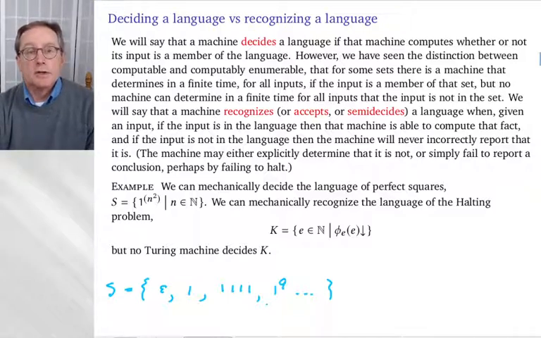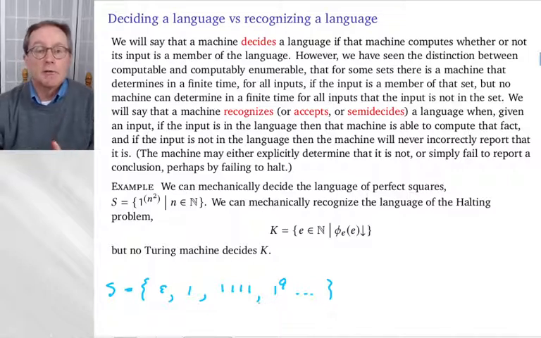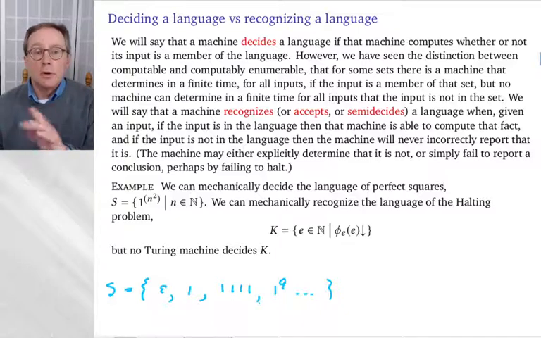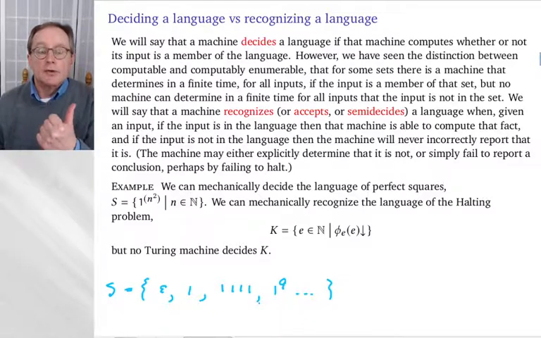Okay, so that's the difference between decides and recognizes. And again, a very common word for recognizes is accepts. Recognizes is better, but accepts is common. So decides means yes or no. Recognizes means yes for sure, never incorrect, yes for sure, maybe not no.